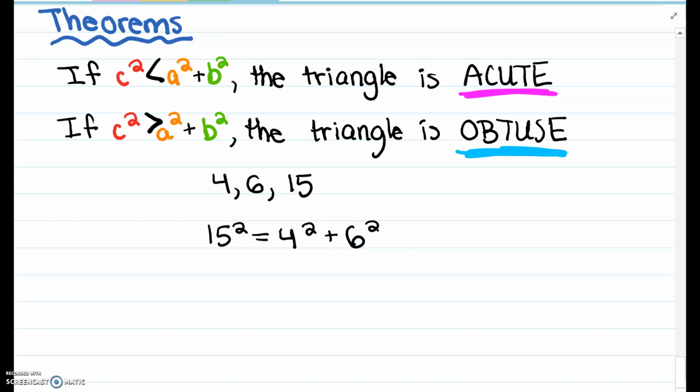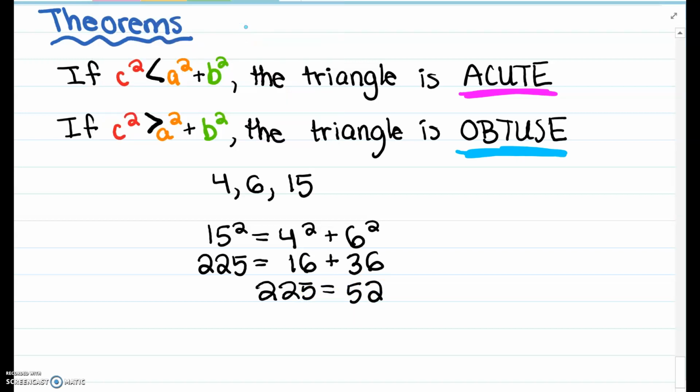And remember, c is the hypotenuse, so it's always going to be the longest length or the bigger number. So we get 225 equals 16 plus 36. We end up with 225 equals 52. And 225 is bigger than 52, so this is an obtuse triangle.